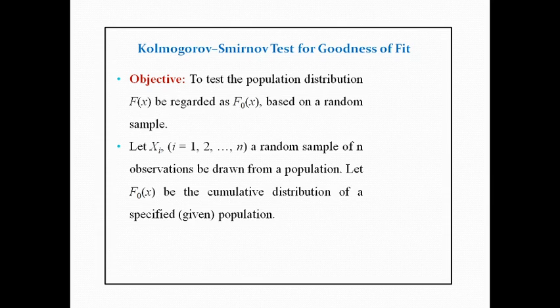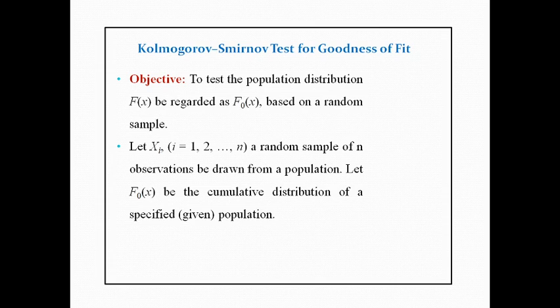The objective of this test is to test the population distribution, that is, capital F of x, which is generally denoted for the cumulative distribution function, already seen in the probability lectures. So this F of x is regarded as F naught x, based on the random sample.